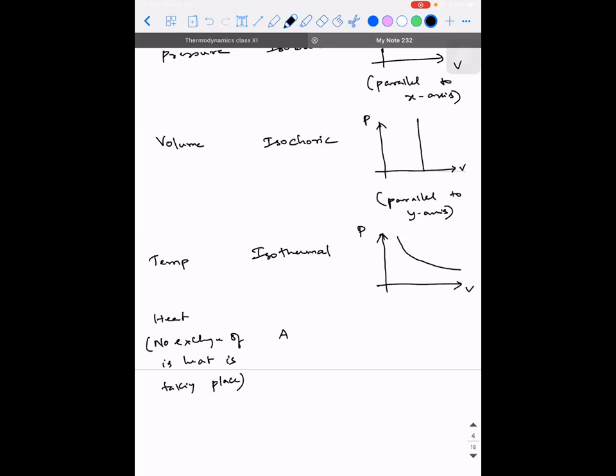It's an adiabatic process. The graph will be something similar to what you have seen in the isothermal process. It will be something like this. It will be more steep compared to isothermal.